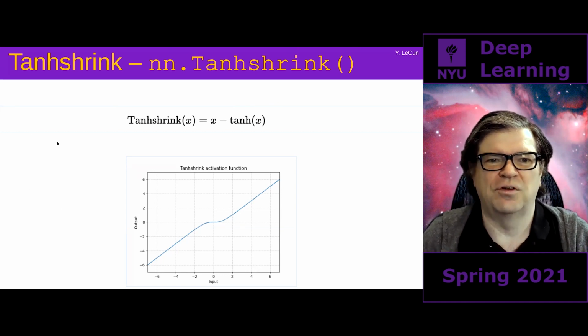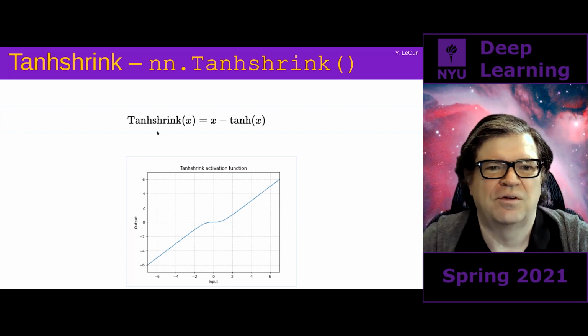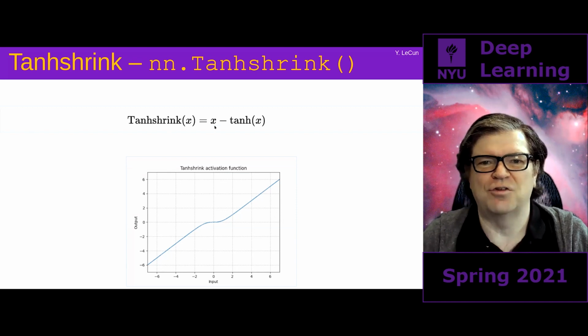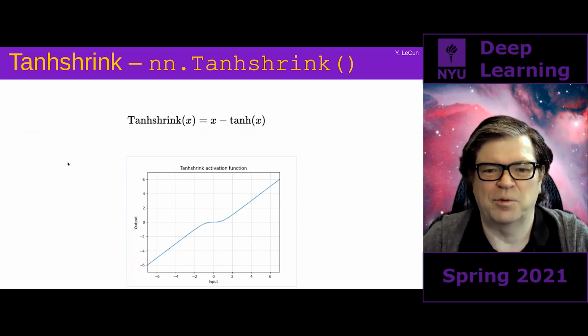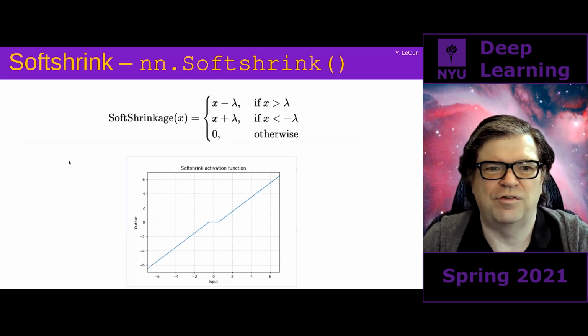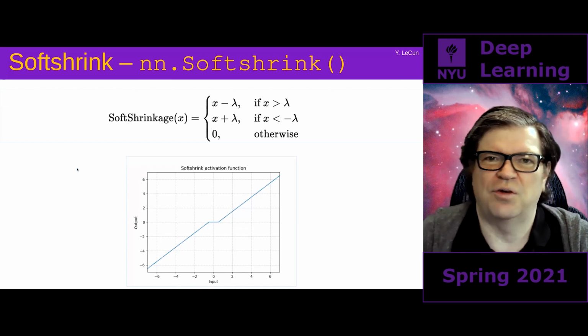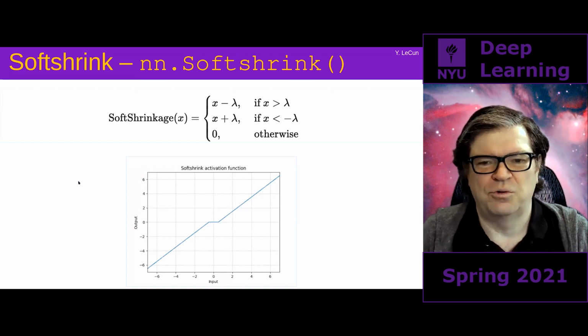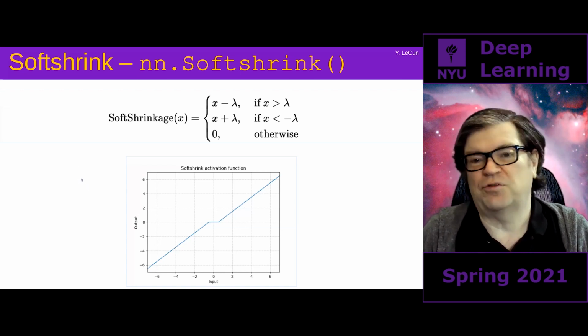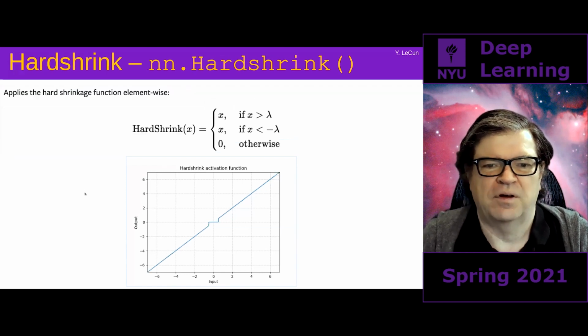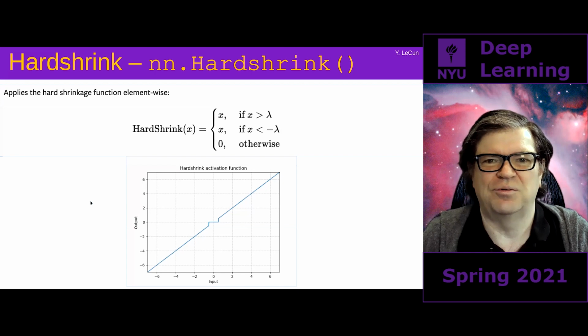So this one is called the tanh shrink, and it's the difference between the identity and hyperbolic tangent. There's a hard version of it called a soft shrinkage. This is used in very weird cases that we may talk about when we talk about unsupervised learning, in sparse coding in particular, and hard shrink. But this one, you don't want to use it with backprop because it's not even continuous.